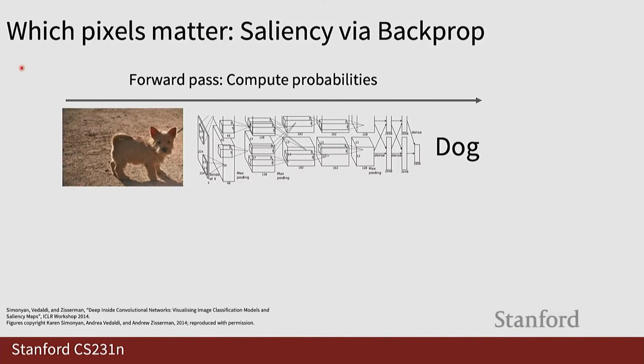In many applications, it's very important for you to know which pixel matters. For example, in a medical application, when you do a classification of tumor versus none, you want to see which parts of that image are actually the tumor. Because if you want to automate this, nobody cares about knowing if there is a tumor or not. Everybody cares about where in the image the tumor is, right?